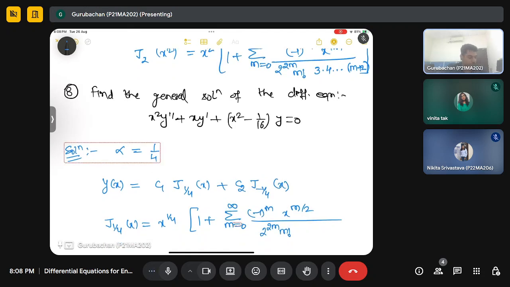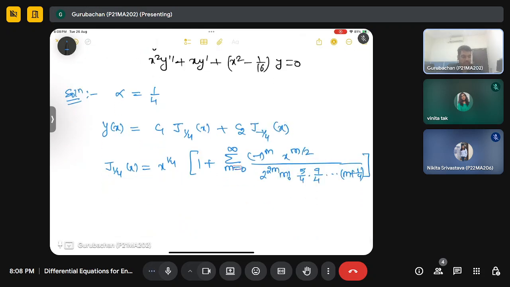Since it is alpha plus 1 to alpha plus m, it will be 5 by 4 into 1 by 4 plus 2, that is 9 by 4, and so on up to m plus 1 by 4, alpha plus m. So this is your final general solution of this given differential equation.